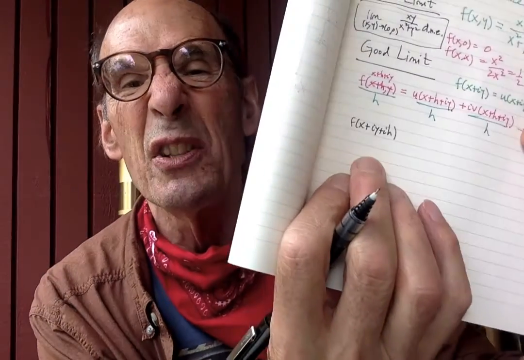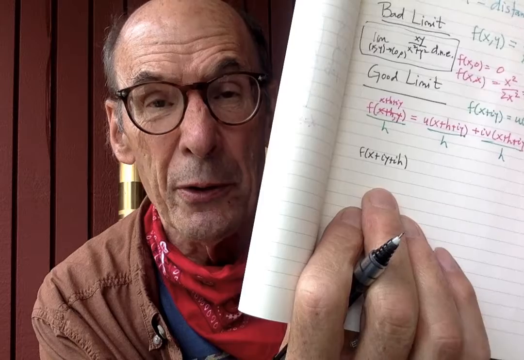Now we're going to do it coming along a different path, and we're going to have f of x plus iy plus ih. So now the variation is going to be in the vertical direction, or the imaginary direction, and so writing out what happens there, that is u of x plus iy plus ih plus i times v of x plus iy plus ih.